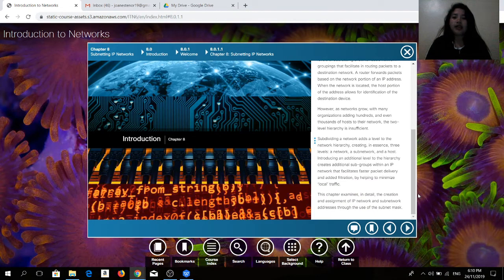Subdividing a network adds a level to the network hierarchy, creating, in essence, three levels, such as a network, a subnetwork, and a host. Introducing an additional level to the hierarchy creates additional subgroups within an IP network that facilitates faster packet delivery and added filtration by helping to minimize local traffic.